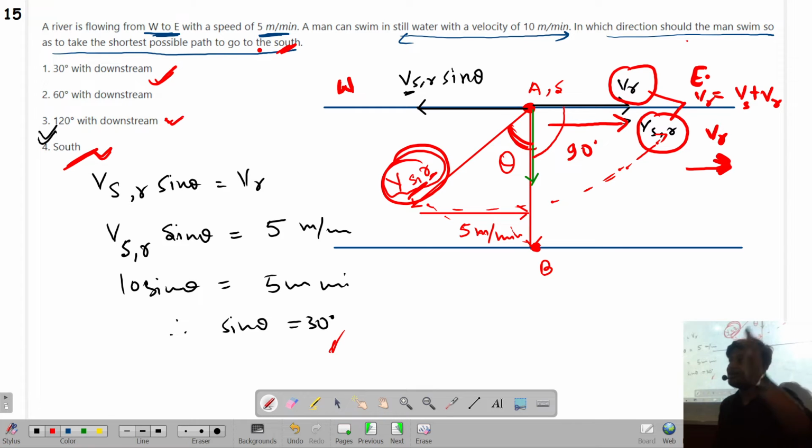And in NEET, out of 45 questions, 35 will be similar to this kind of problem, where the options will be perfectly similar. You will get every option as your answer. Right or not? They have given 30 degree with the downstream, and you will put that only.